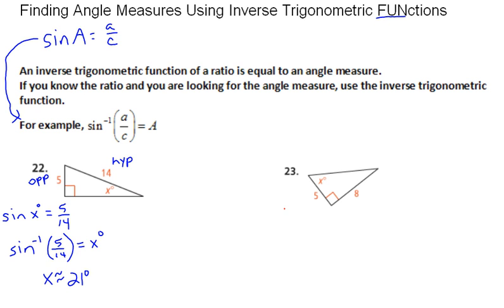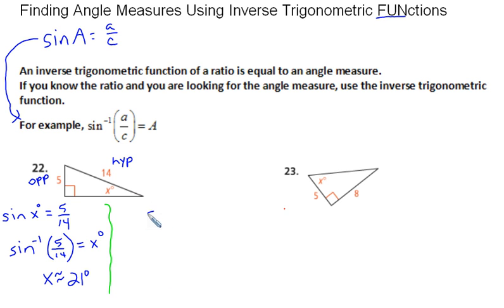Now, another way that students sometimes look at this is they say when we start with this initial equation, that is sine of x is 5 over 14, what if we just take the inverse sine of both sides?